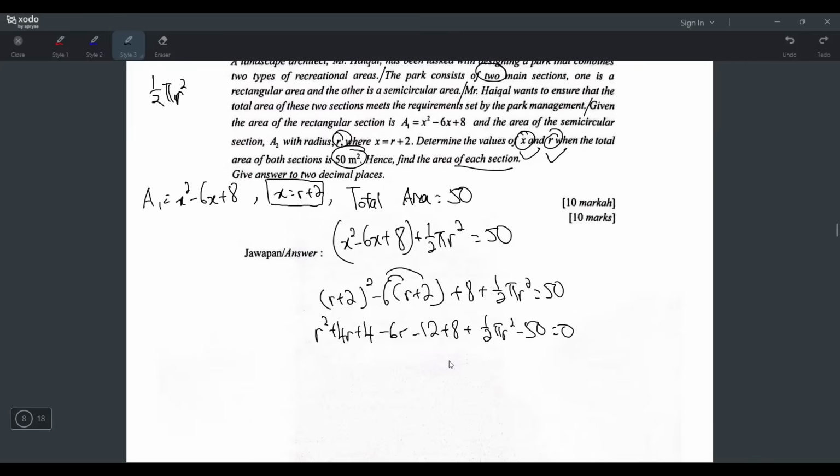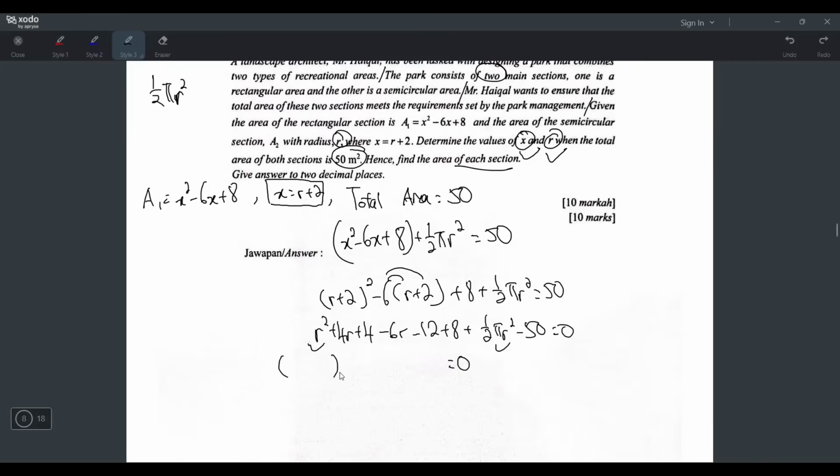Okay, now it's time to write it in the general form, in the correct order. So first, we write the r squared terms. This one has r squared, but this one also has r squared, right? The coefficient here is 1 over 2 pi. In general form, usually you want your equation to only have one r squared, but now you have two.